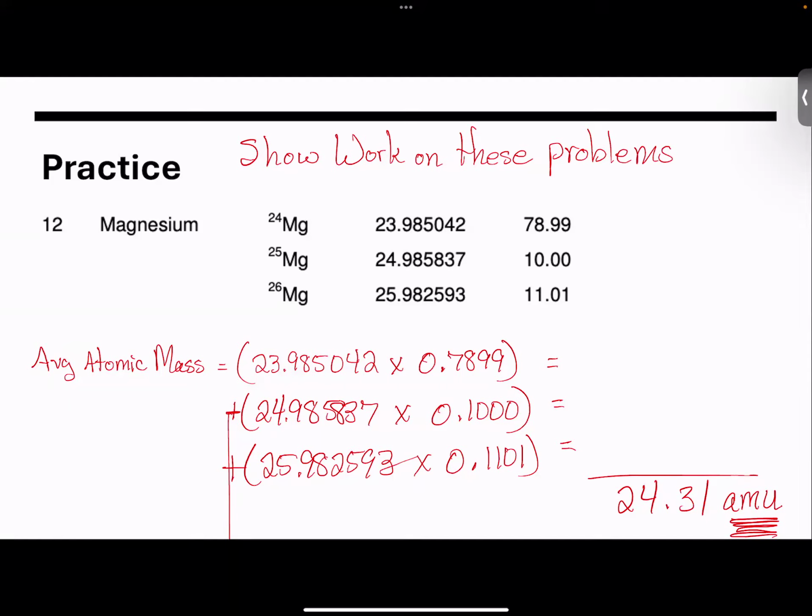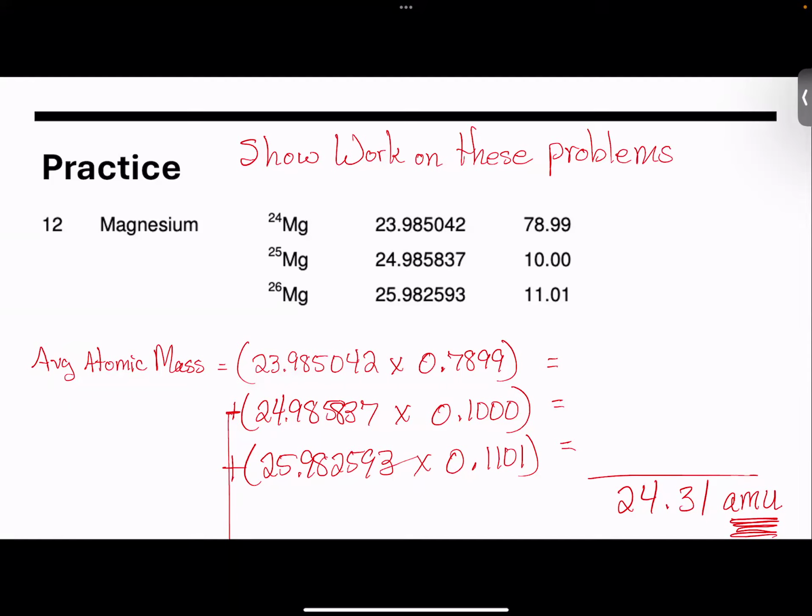However, on the average atomic mass, you must show your work. The difference is between should and must. Again, on the average atomic mass, you must show your work.